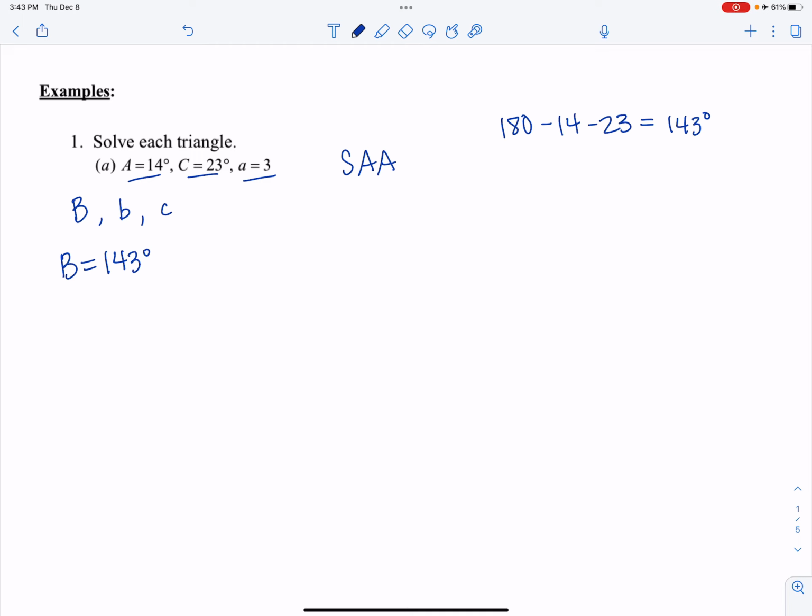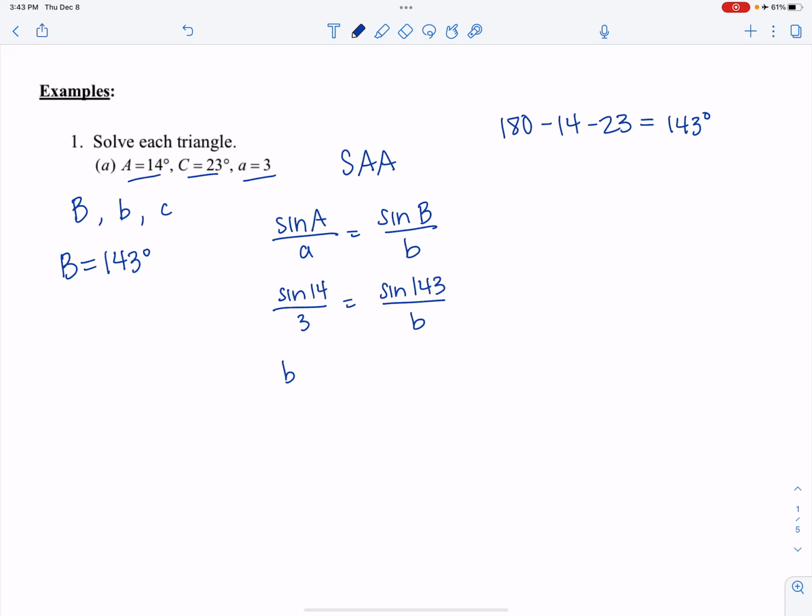First, let's find side B. So what I did was sine of A over A equals sine of B over B. This leaves us with sine 14 over 3 equals sine 143 over B. Using our cross multiplication, we get B equals 3 sine 143 over sine 14, which is approximately 7.46. So our side B is about 7.46.